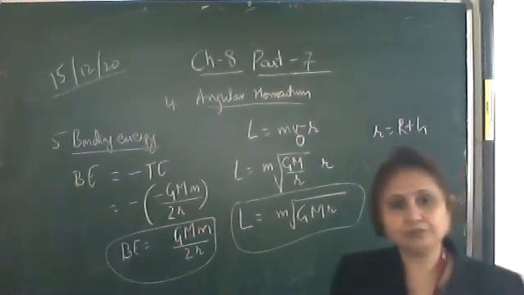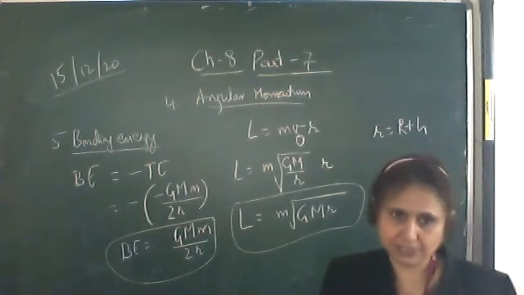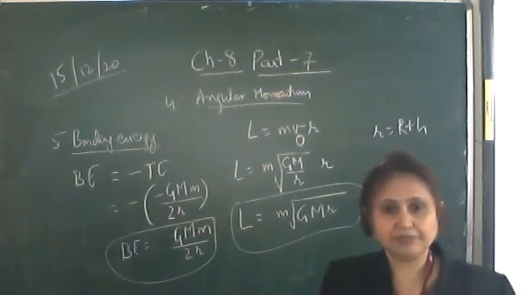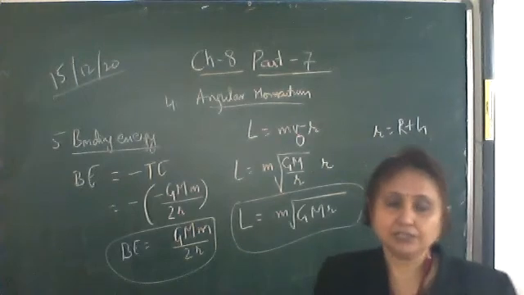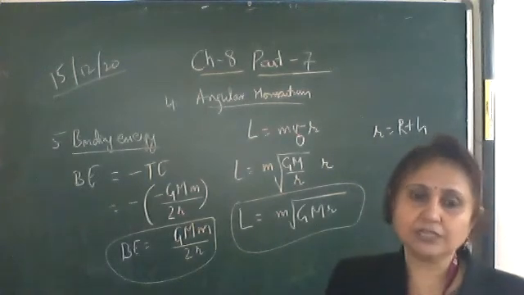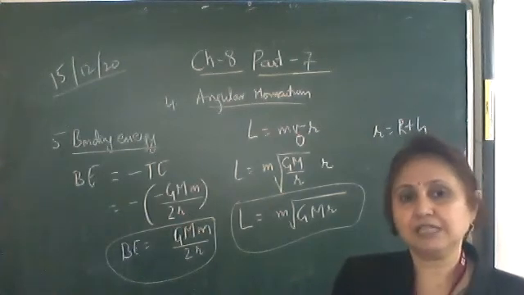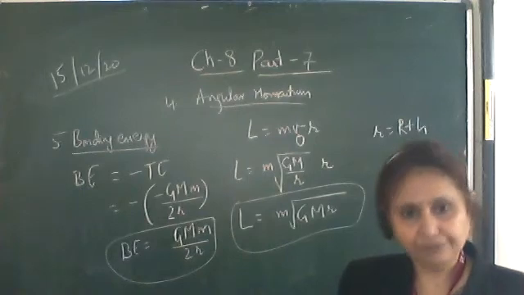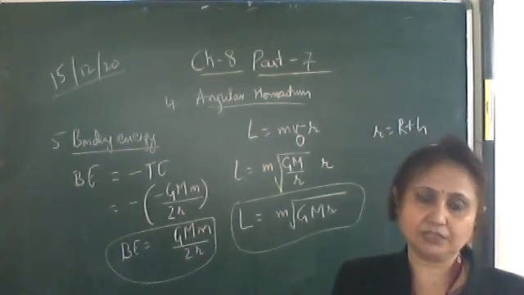Geostationary means from the Earth, the satellite appears to be stationary. This satellite has various uses. It is used in communication. The radio signals are sent from the Earth's surface and they are reflected by the satellite. There is a transponder which reflects these radio signals.